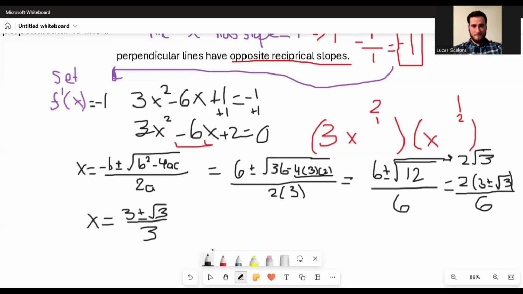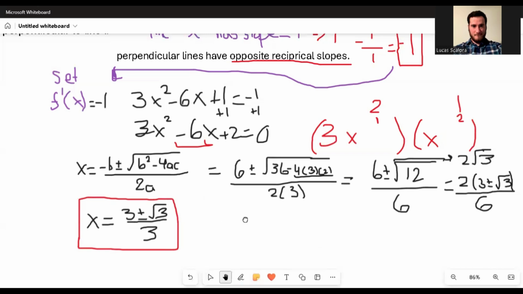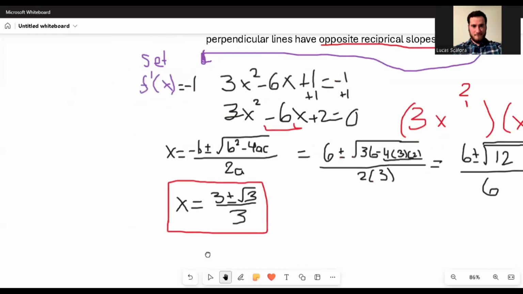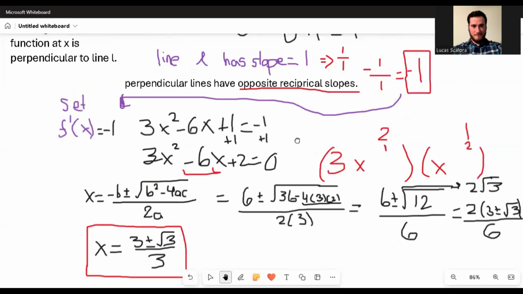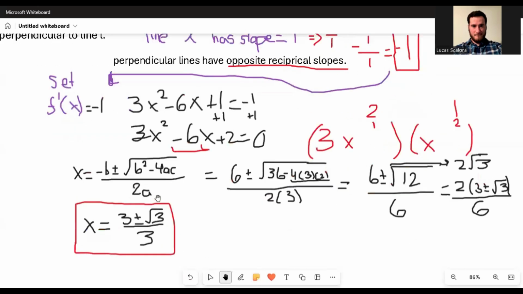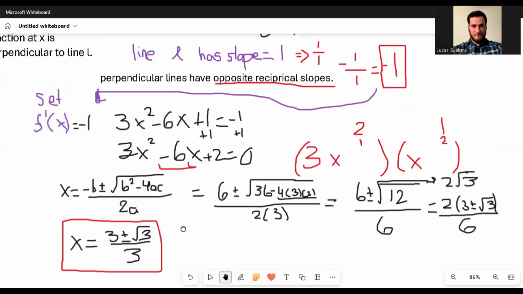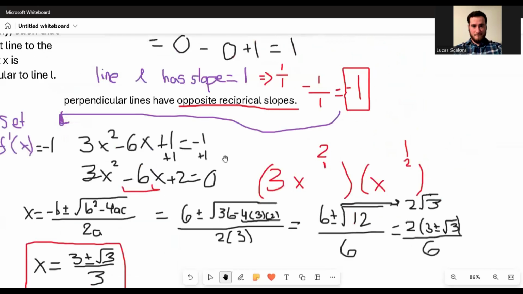So there's two answers for x, the positive version and the negative version. And both answers give you a tangent line slope that is perpendicular to line L.